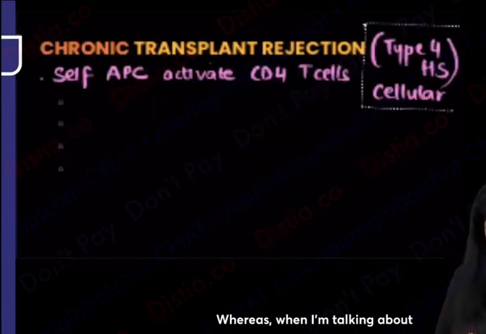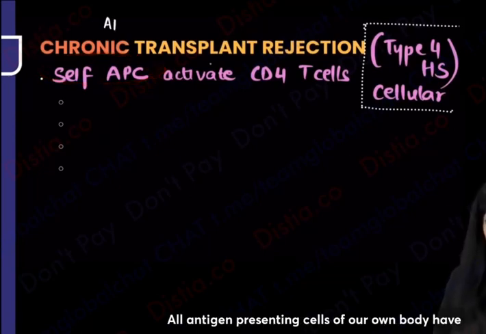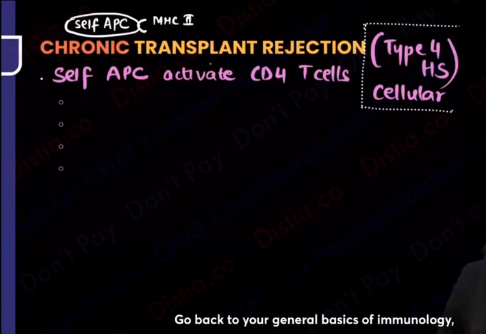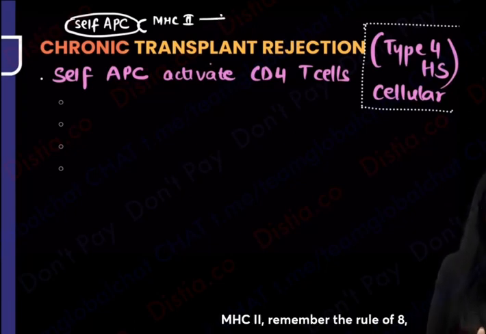Whereas when I'm talking about my own antigen presenting cells, I think by now you have that concept. All antigen presenting cells of our own body have which MHC on their surface? They have MHC2. Go back to your general basics of immunology. All the antigen presenting cells have MHC2. Remember the rule of 8.